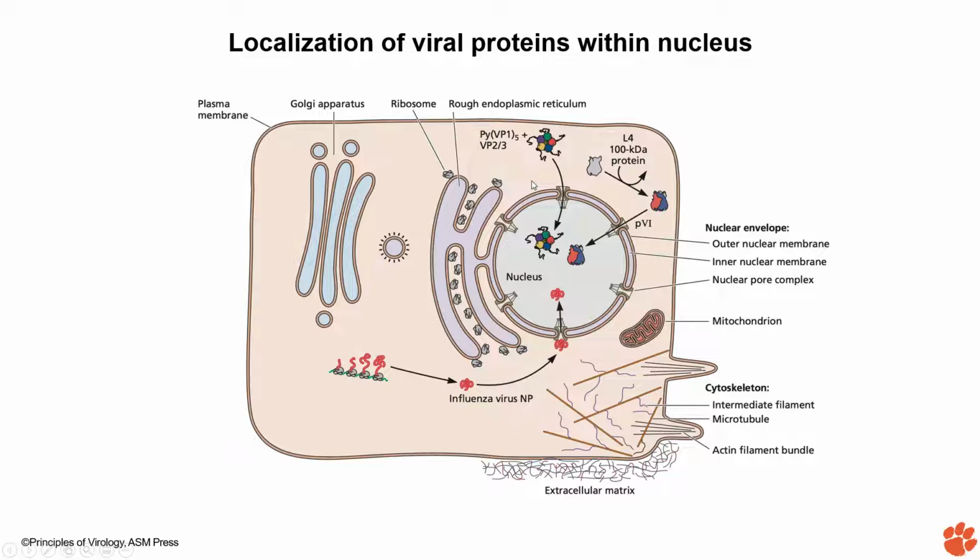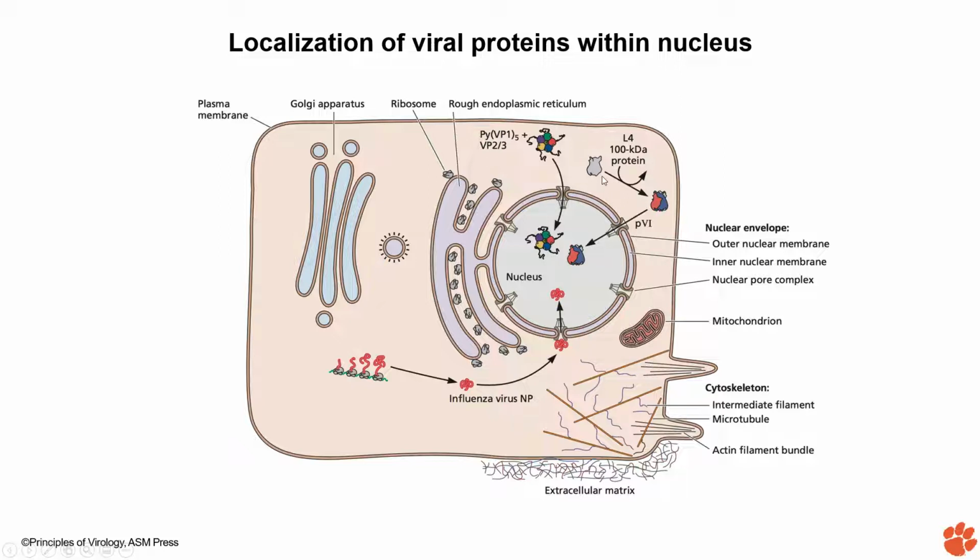There are two different types of pentamers in polyomavirus, and just remember that they actually do not follow the triangulation number properly. So it's an odd example, but they have two different types. Anyway, they are also imported into the nucleus as these pentamers. You need to have these preformed pentamers with VP2 or VP3 before they can be imported.